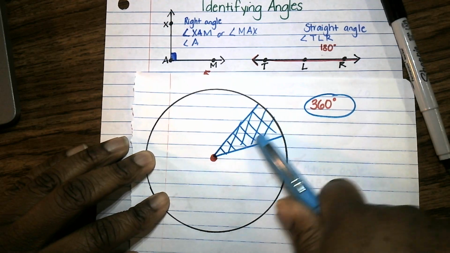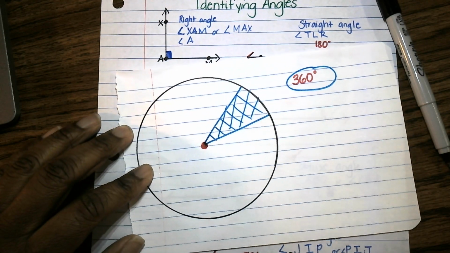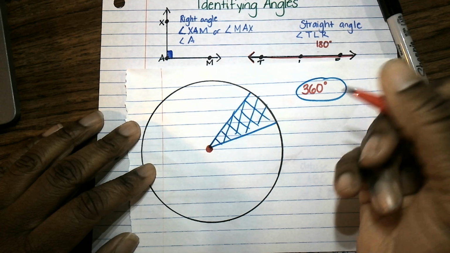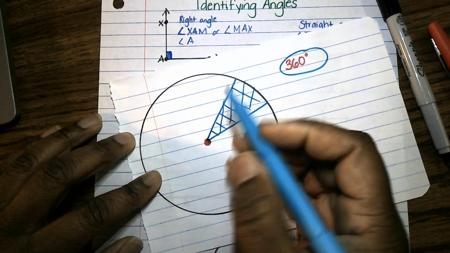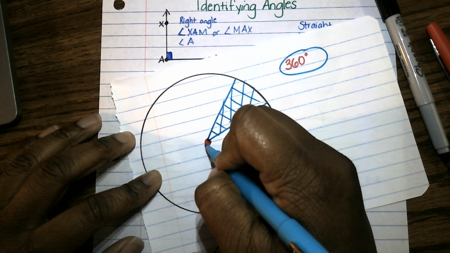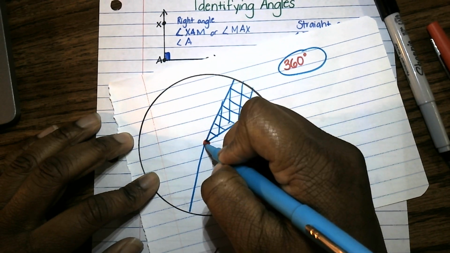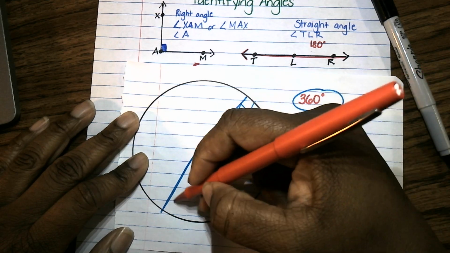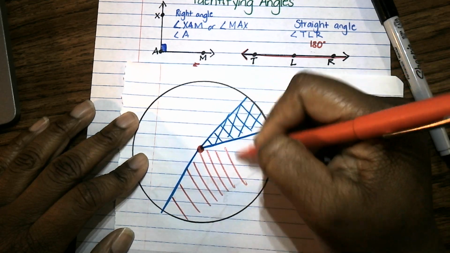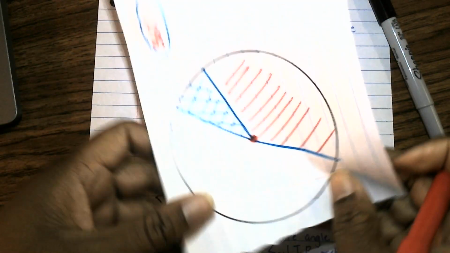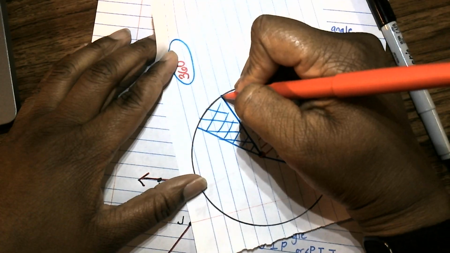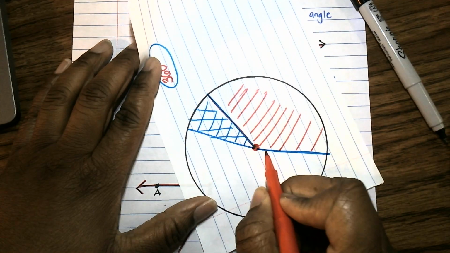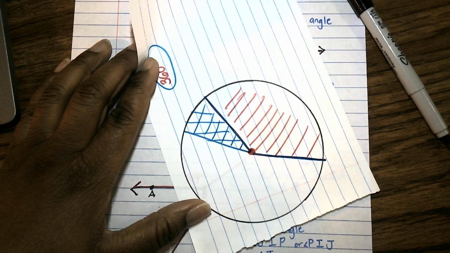So if this part had a certain measurement, and let's say we had a different angle that was here. So from here to there, all right, that's a huge angle, which if we look at it differently, we can see that this right here is an obtuse angle, okay?